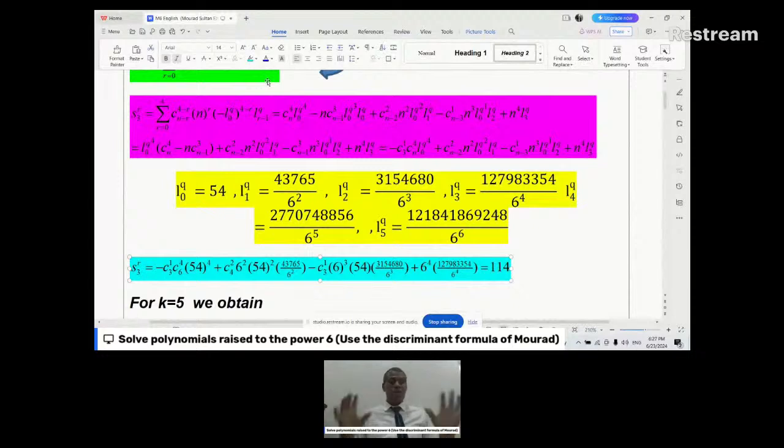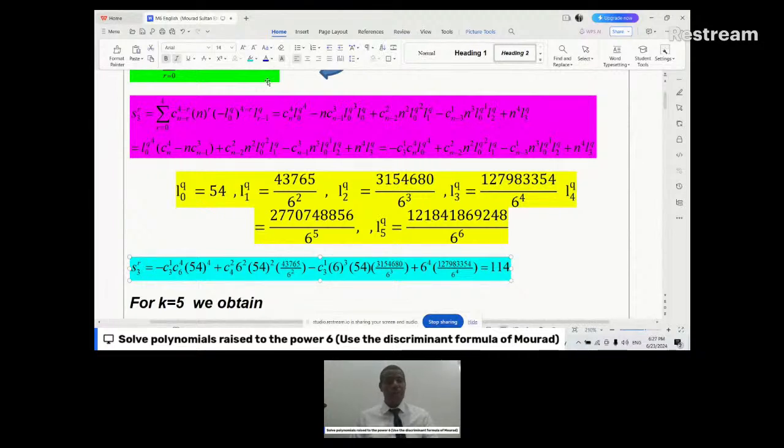After that, you can know about the roots of your original polynomial to the power 6. So this method will lead you exactly to find the exact values or the exact roots of your original polynomial.